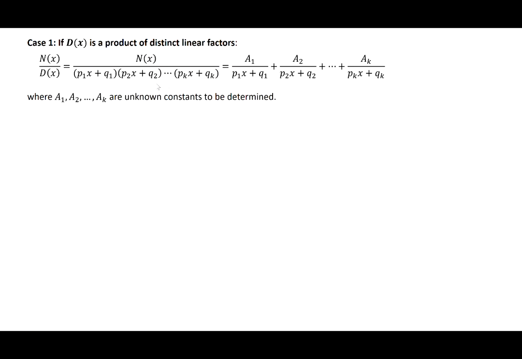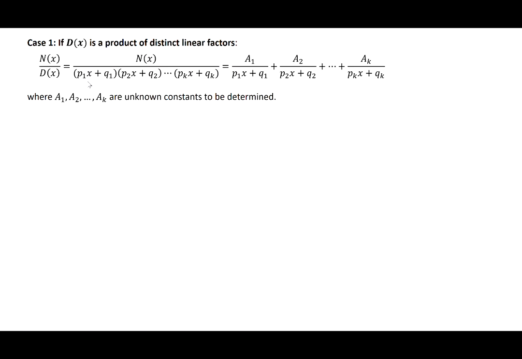Are they linear factors? Yeah, a polynomial is said to be linear if it is in the form ax plus b, and p1x plus q1 is certainly of that form. p1 and q1 are just numbers, constants. Cool. And what else? Distinct.